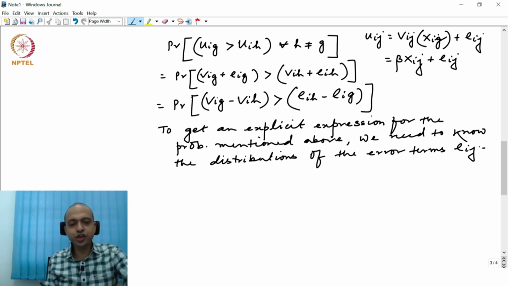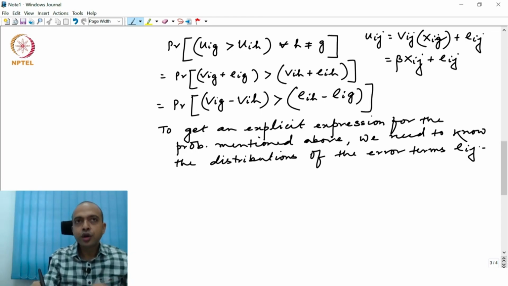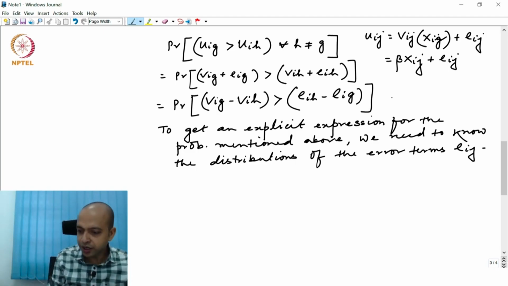Okay, the distribution needs to be known, otherwise we cannot get an explicit expression for this probability, and unless we get an explicit expression for this probability, we cannot estimate this econometrically, right?